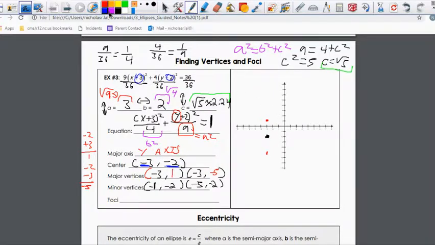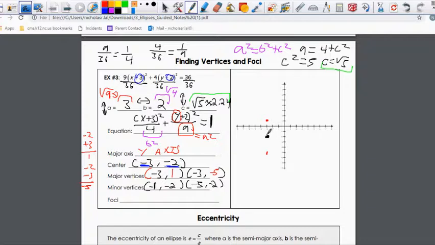Our minor vertices, my fault, because we have negative 3 plus 2 is, oh sorry, negative 1, negative 2.